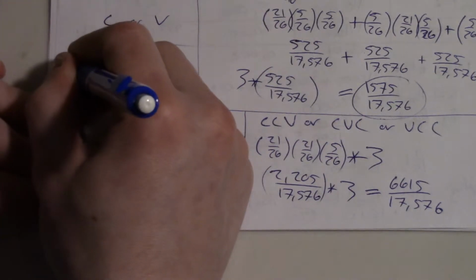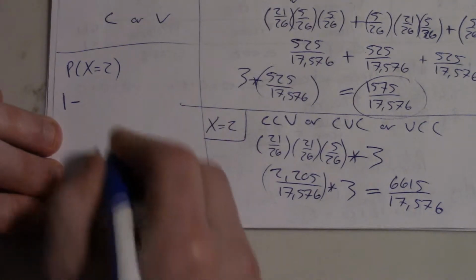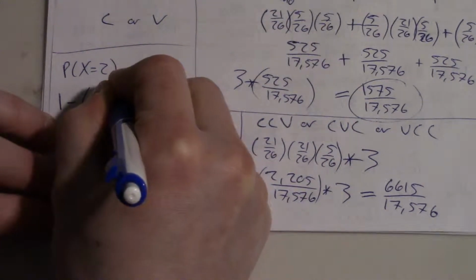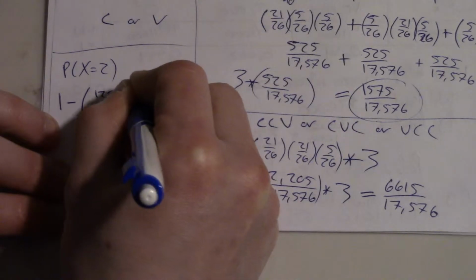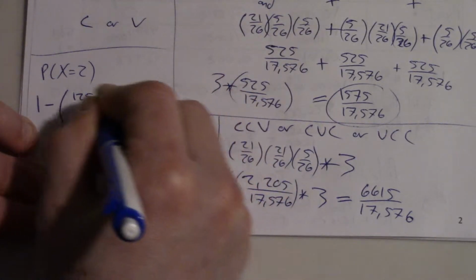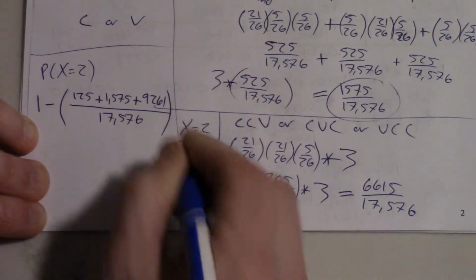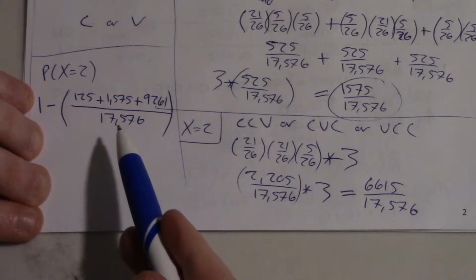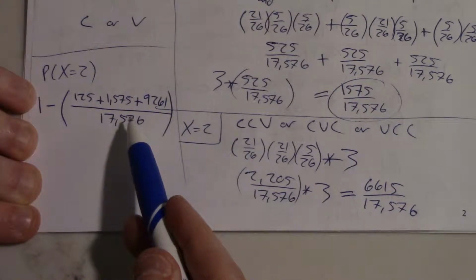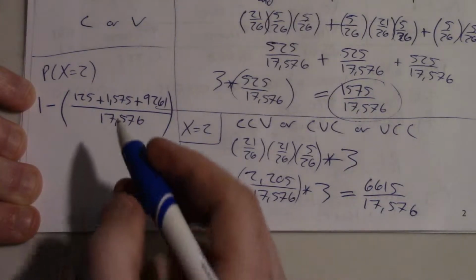So another way to find the probability that x is 2 would have been to do 1 minus 125 plus 1,575 plus 9,261 all over 17,576. So we're adding together all the probabilities we did have and then subtracting all of those from 1.